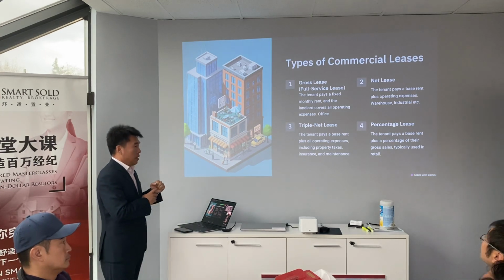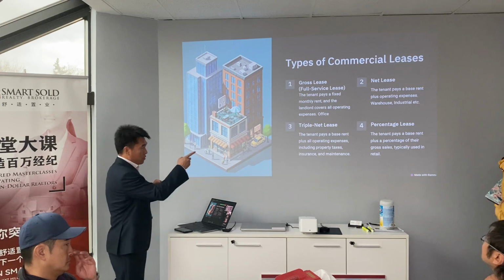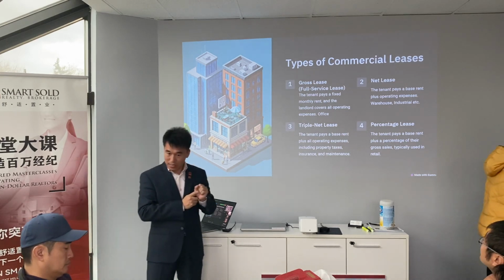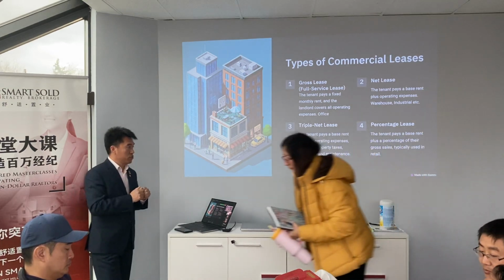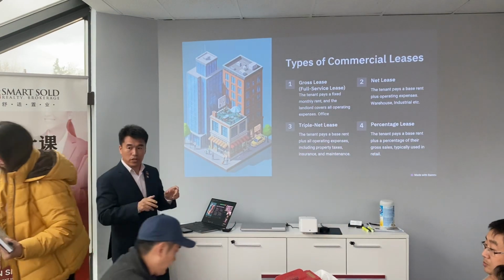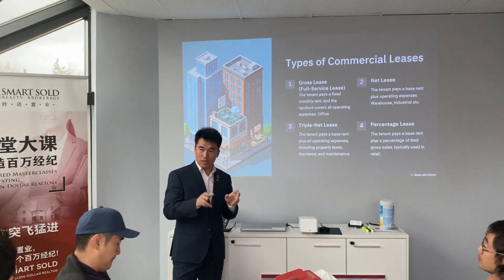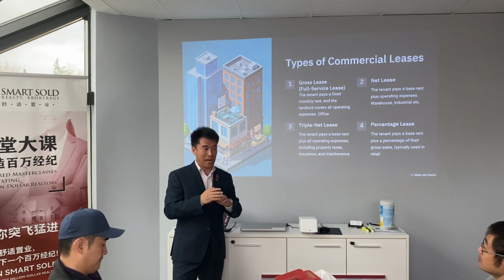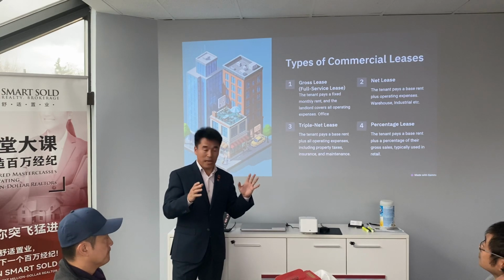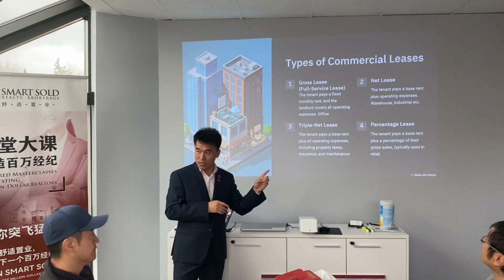And the last one, number 4, is percentage lease. It is not too common, but it's the majority for retail, especially, let's say, Yorkdale Mall, One Mills Mall. Those high-end ones go by percentage lease.